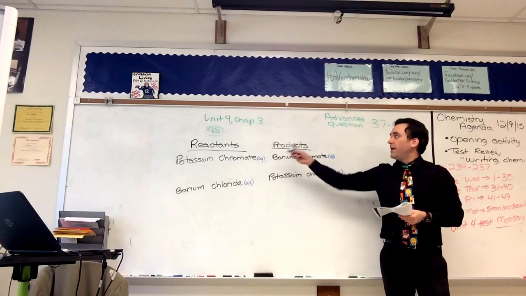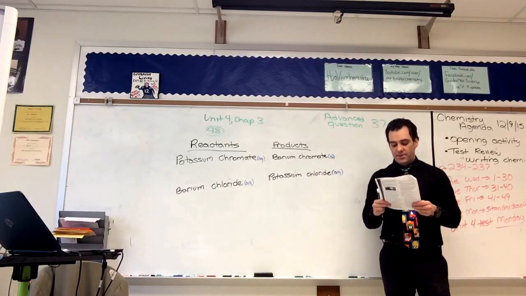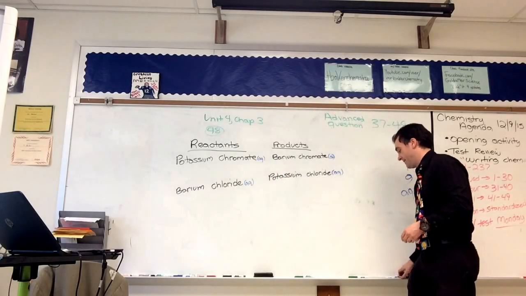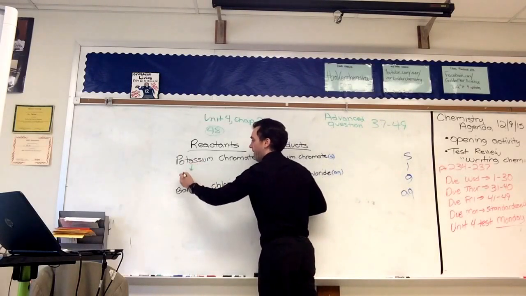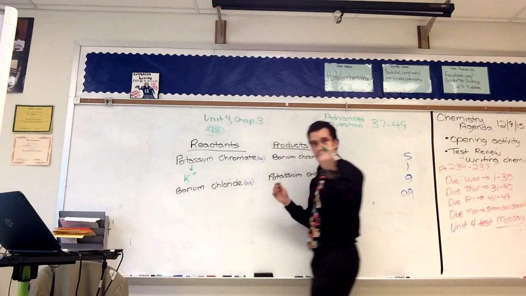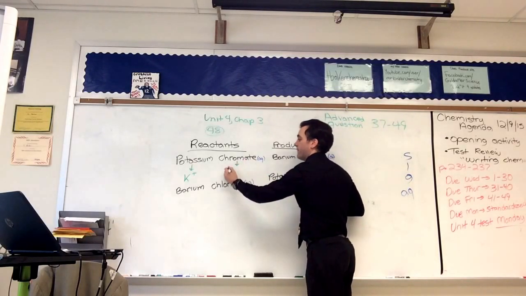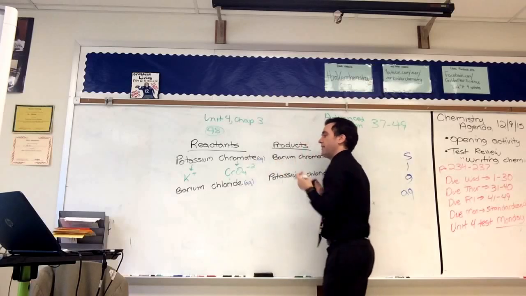All right, so we got the reactants, we got the products. So write a balanced chemical equation for this process. So if you know how to do this, you are good. So potassium is K plus 1, you know that, right? What's chromate? CrO4 2 minus.